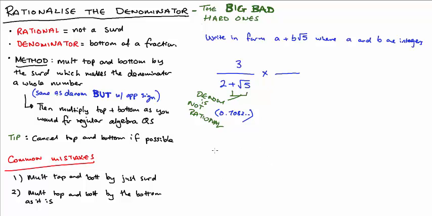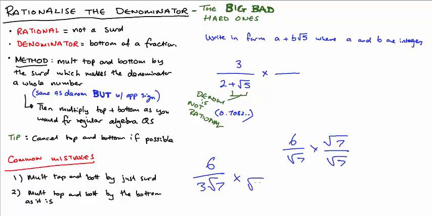Do you remember in the last question, you get like 6 over root 7 or whatever? A lot of people just think, oh, it's times top and bottom by whatever's the same on the bottom. That's the next mistake we're going to go to. But right now, do you remember how I told you, even if you had this, you just times by the third? Well, here's the reason why that doesn't work.